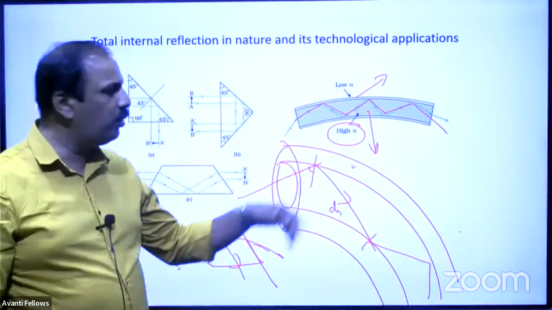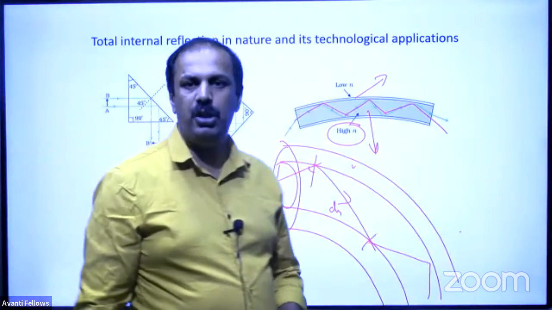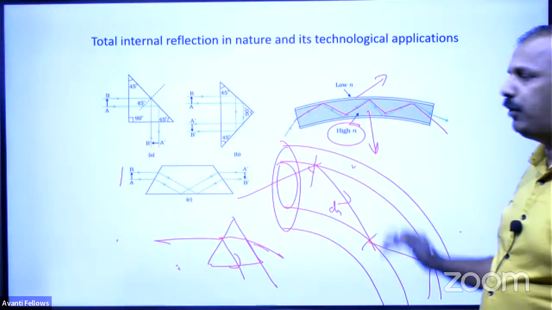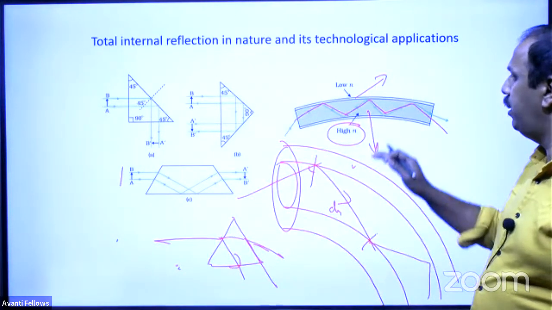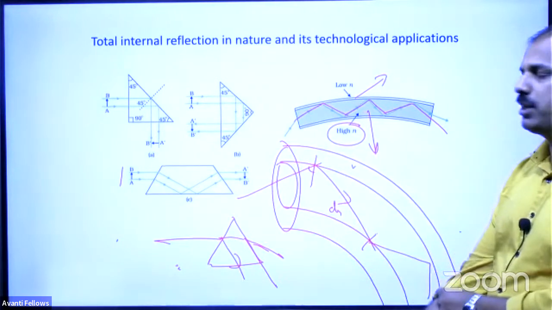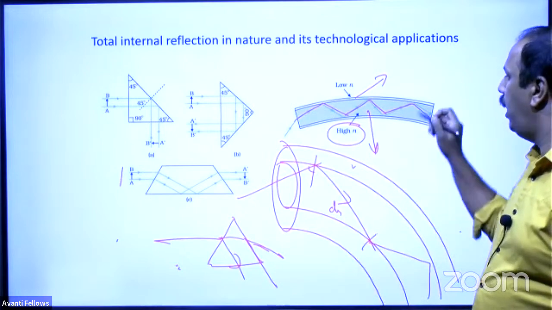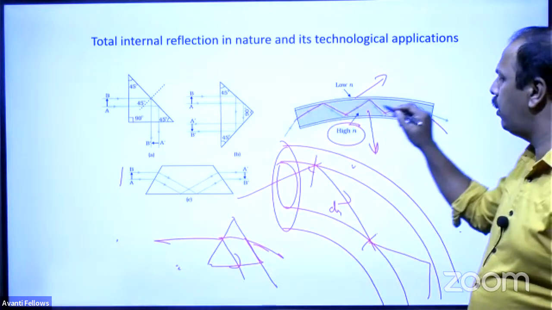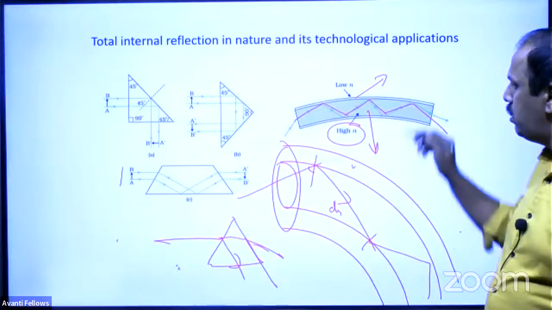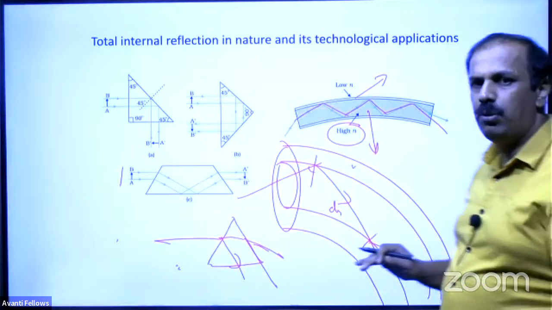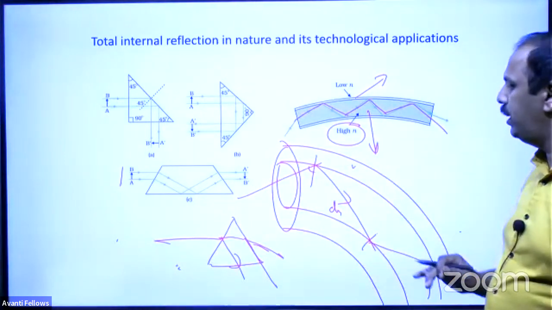We were discussing the application of optical fiber, which we use for communication, and it is an application of total internal reflection. That's what we did last. Here we had a core and a cladding, so that it undergoes total internal reflection, and because of that, even in a curved path we can move. Those things we discussed here.